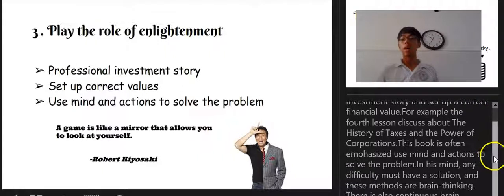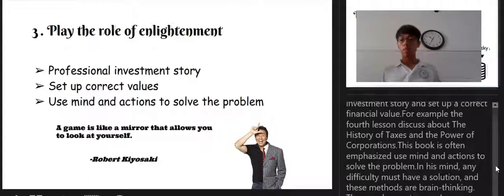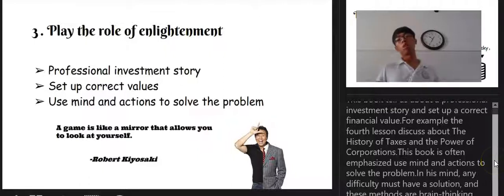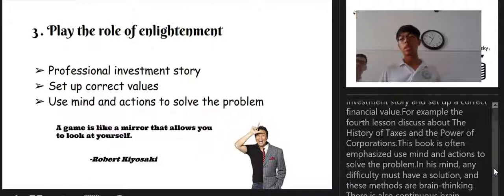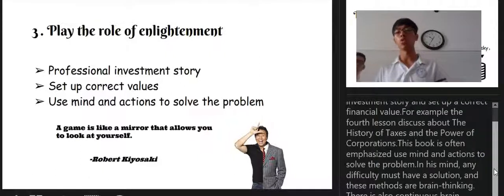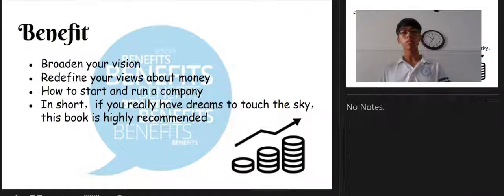In his mind, any difficulty must have a solution, and this method is brand thinking. There is also continuous brand thinking, having a flexible mind to exploit business opportunities and make money.